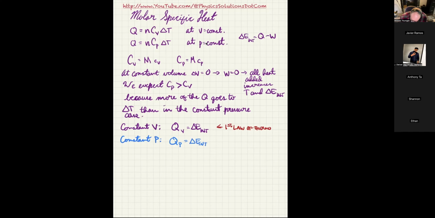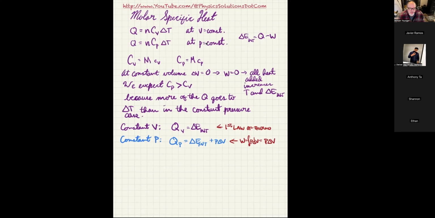Notice I am solving the first law of thermodynamics for Q. So when I solve that, that's going to be delta E plus W. So in place of W, I'm going to put P delta V because that happens to be the formula for work when the pressure is a constant. Work is equal to the integral of P dV, which equals just P delta V. Okay? So I have those two equations.